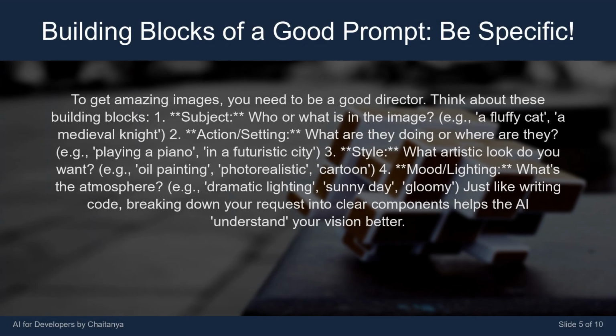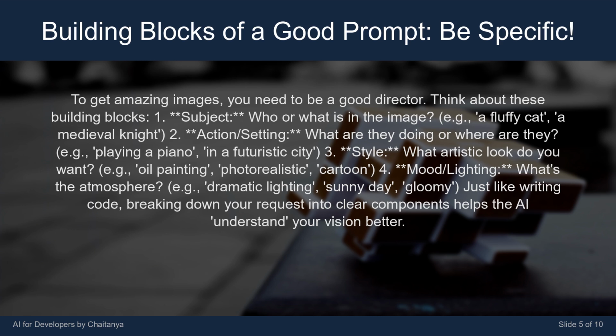To get amazing images, you need to be a good director. Think about these building blocks. 1. Subject: who or what is in the image, e.g., a fluffy cat, a medieval knight. 2. Action and setting: what are they doing or where are they, e.g., playing a piano, in a futuristic city. 3.